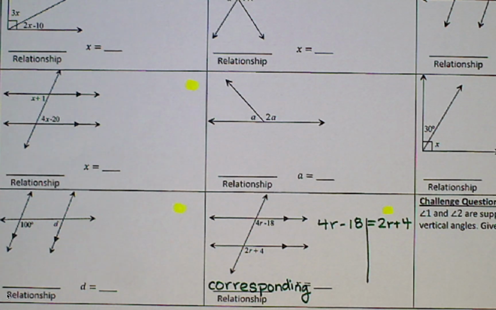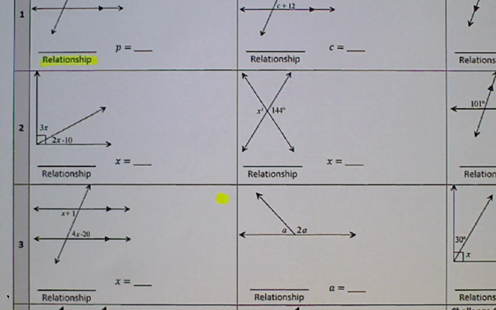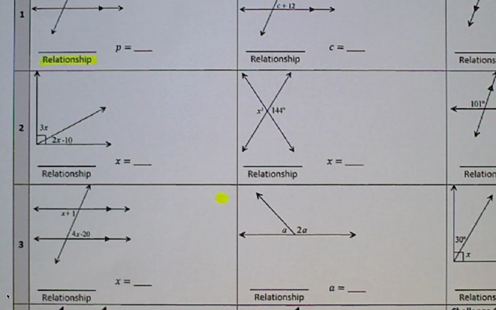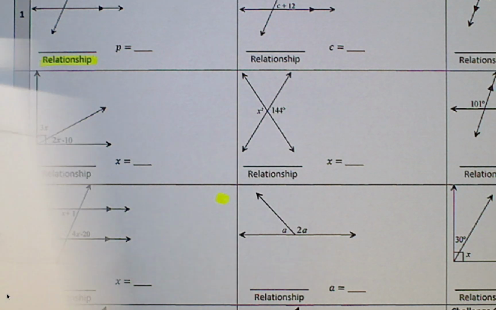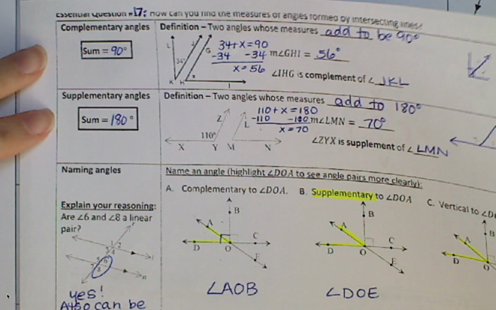For the ones that do not have the highlighted values, so for instance, if you were looking at this one, it doesn't have parallel lines, neither of these have parallel lines, and so that's why we're not going to use it. So what we have to do is use our note page 16 and our note page 17. Note page 16 is introducing vertical angles and linear pair, and note page 17 is introducing complementary or supplementary.